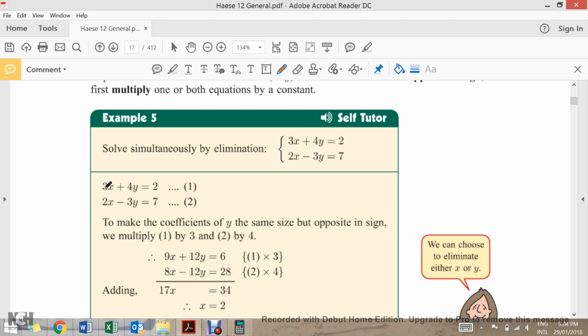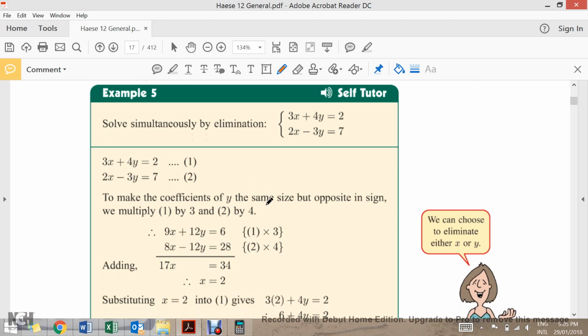So if I ended up with 3x here and I had a negative 3x here, or a 4y here or a negative 4y here, something like that. Okay, we want the same coefficient. So what they're doing in this case is they're going to try and get rid of the y's, because the y's already have a positive y and a negative y. That's going to make it easier when we add the two equations together.